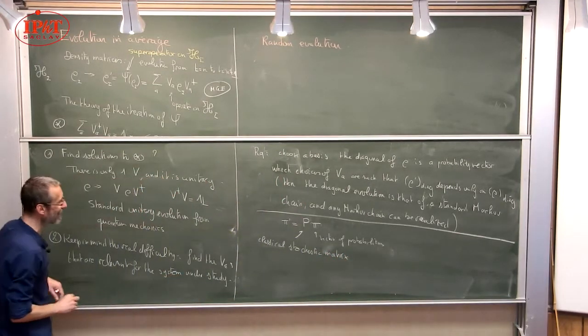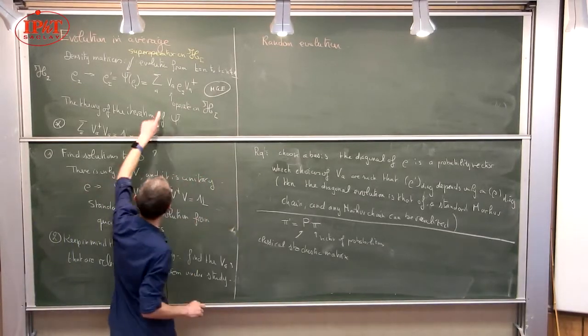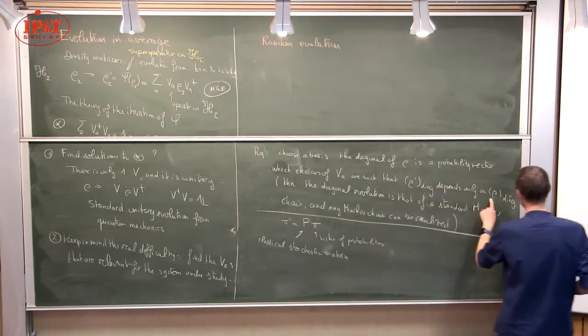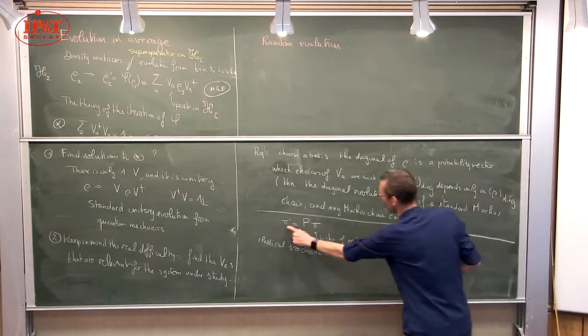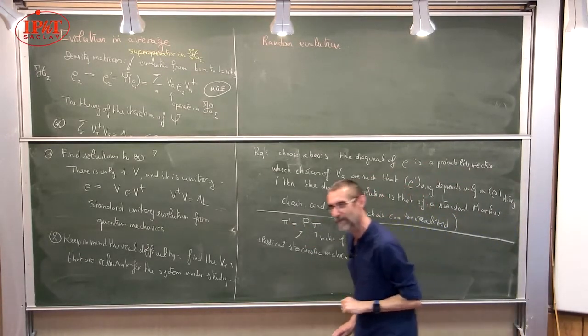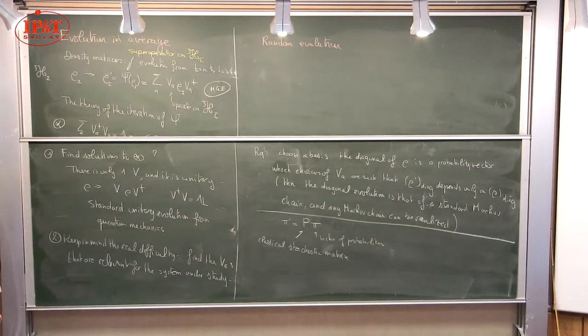So I can rephrase what I just said. If I have a choice of VAs such that the diagonal of rho prime depends only on the diagonal of rho, then the evolution for the diagonal will be of this form with a stochastic matrix that can be expressed in terms of the V's. Thank you, André, because indeed I wasn't clear.